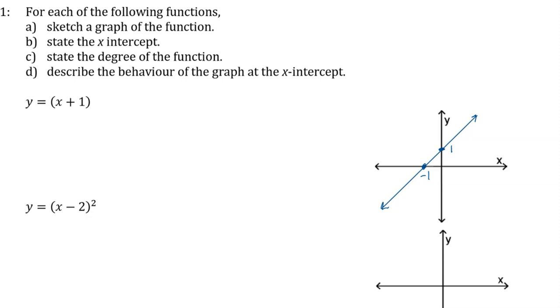So we sketched it. B, the x-intercept is -1. What's the degree? Well, linear, so that's question C. 1. Now, when it says describe the behavior, I'm going to put this in quotations just to show that it is worded carefully.